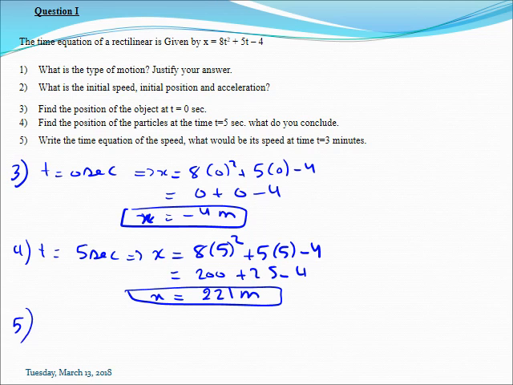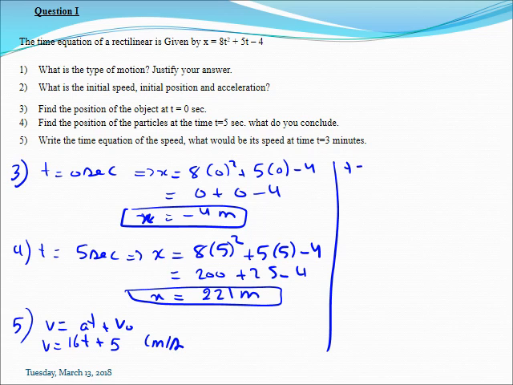Number 5. Write the time equation of the speed. What would be its speed at t equals 3 minutes? First, the time equation of speed: we know that v equals at plus v0. So v equals 16t plus 5 meter per second.